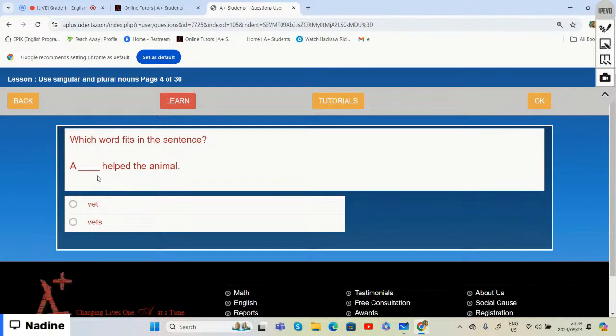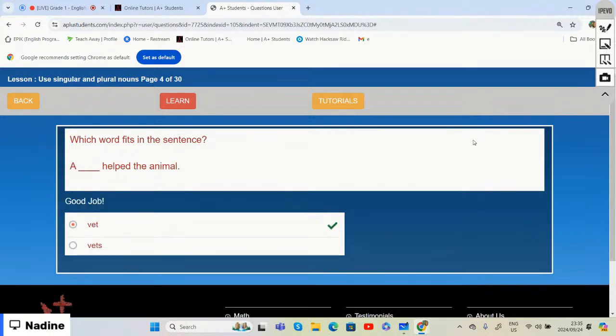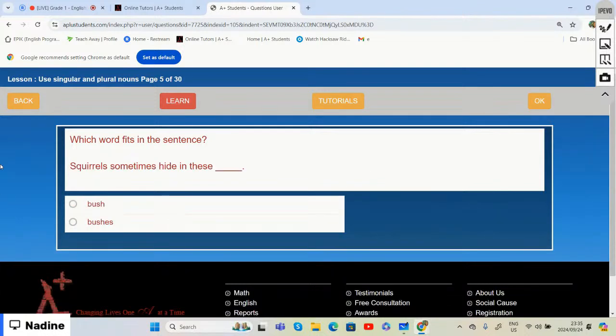If we were to choose the correct one, we will say a vet, because remember the word a we use in front of a singular noun. So a vet, one vet, helped the animal.